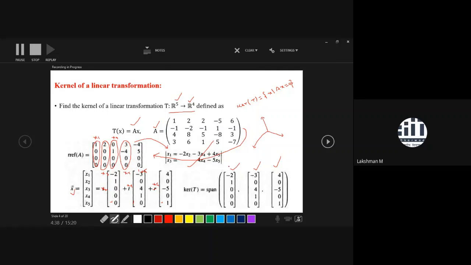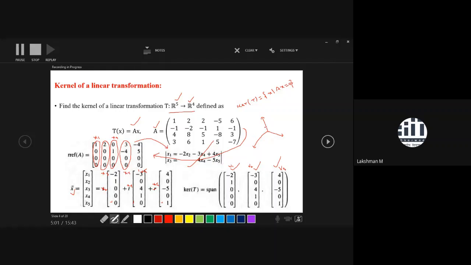One direction is given by this vector. Don't take it that the angle here is 90 degrees, because we can get the angle between any two vectors by taking the dot product. So decide the dot product and through that you can find the angle. So don't assume that the angle here is 90 degrees. Just for the sake of simplicity, I have drawn this graph of the kernel of this given linear transformation.